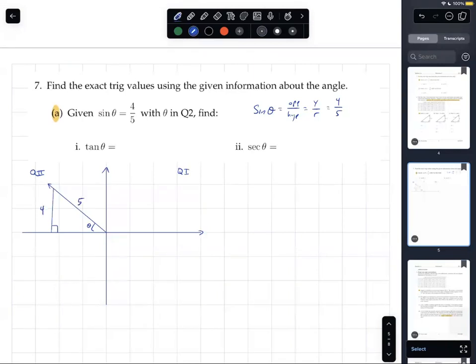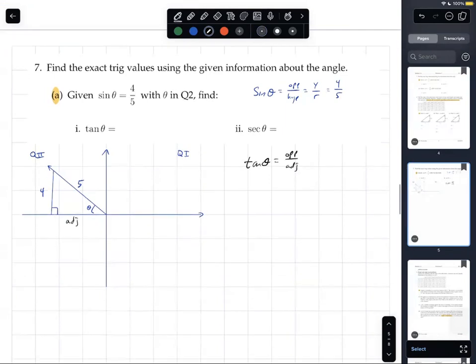And so more than likely, we're going to have to find the adjacent side length. We can actually look ahead and say, okay, we're asked to find the tangent of theta, and remember that the tangent of theta is equal to opposite over adjacent. So there's no way to wiggle out of this. We have to find the adjacent side length.